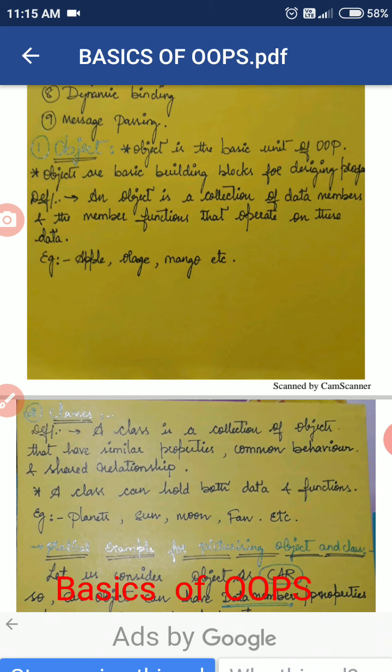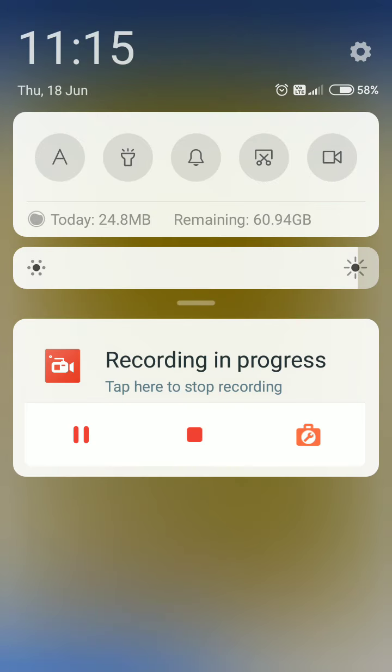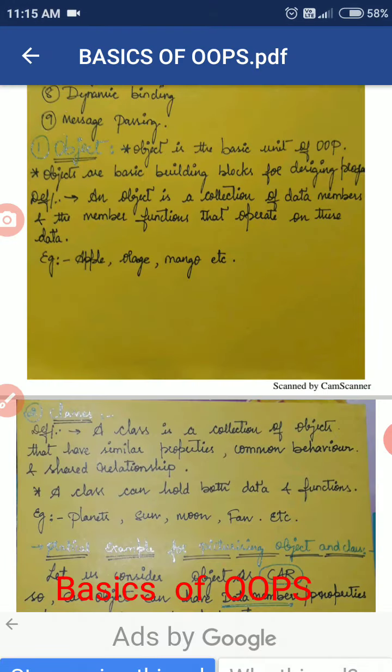That is called an object. In simple terms, the object is the basic unit of the OOPS.